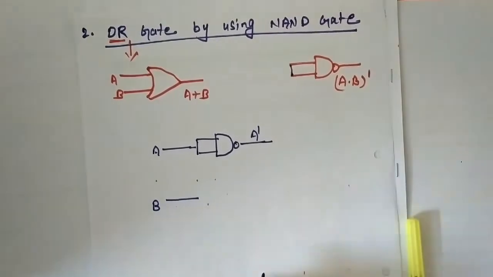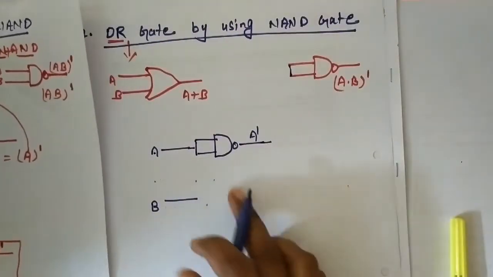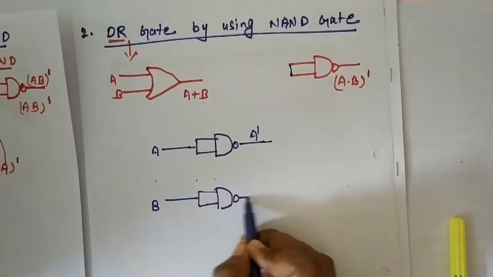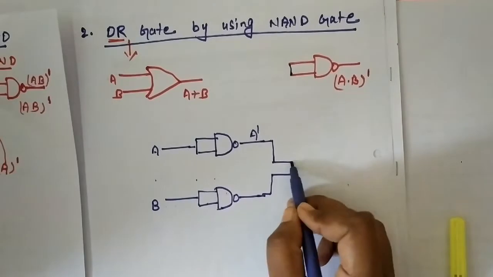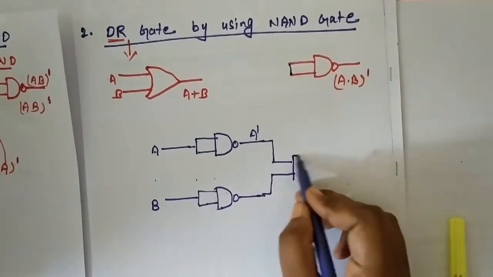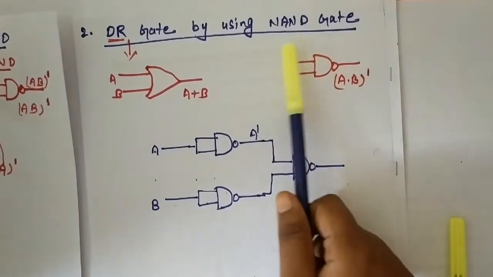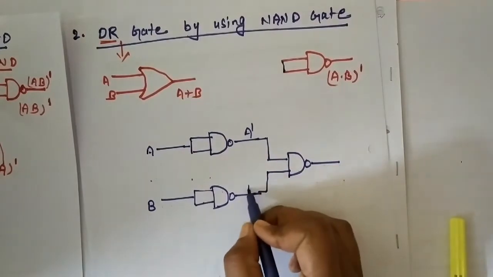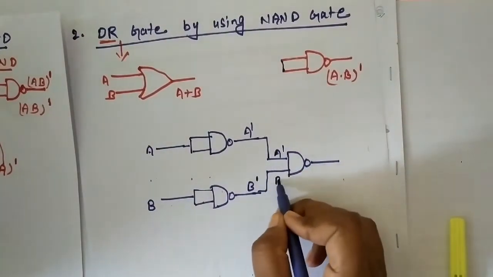After that again we use one more NAND gate, because we can't use any other gate; we can only use NAND gates. So now it is B dash. So here the input is A dash and here it is B dash.